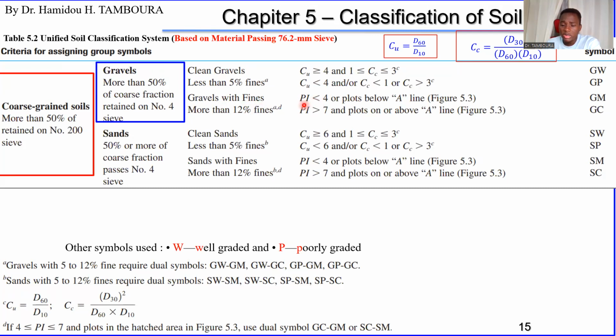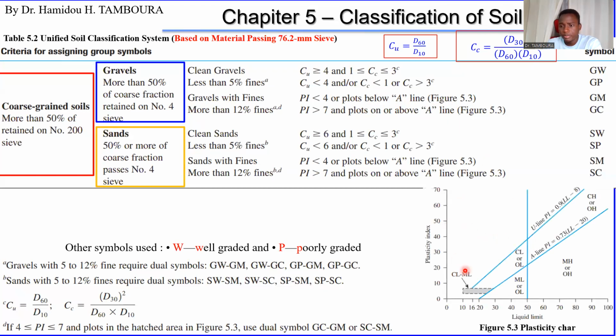So in that case, you will refer to the PI, the plasticity index, which is liquid limit minus plastic limit. I have explained this also in the introduction of this video. So if the PI is less than 4 or plots below the line A, this figure, we have talked about this figure before.